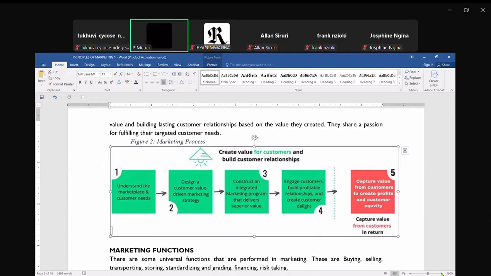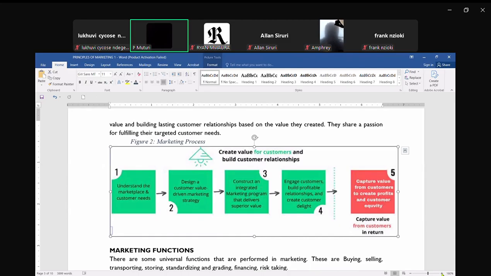So understanding the marketplace and customer needs, that is where the core concepts that we have talked about fall in. The 5 core concepts: the needs, wants and demands, the products or offerings, the products and services, the exchange, relationships and transactions, and the other elements of the core concepts.